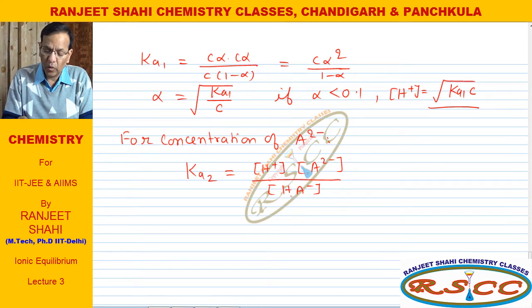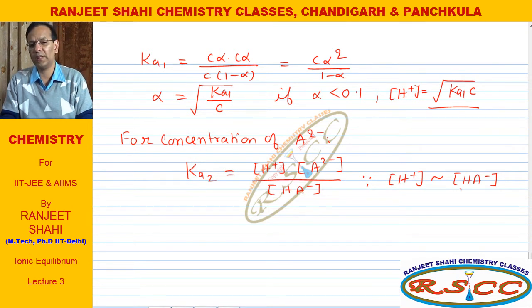Now since we are ignoring second ionization in comparison to first ionization, we have seen that concentration of H plus is approximately equal to concentration of HA minus.